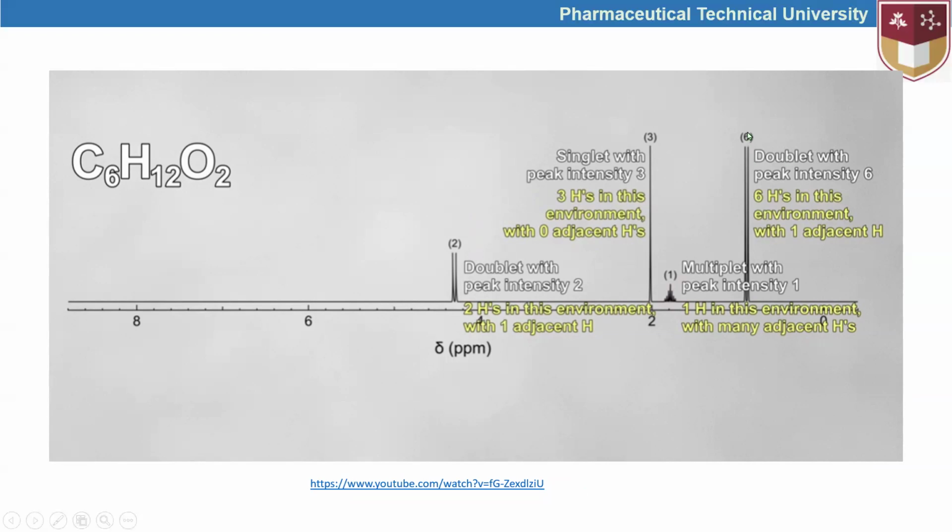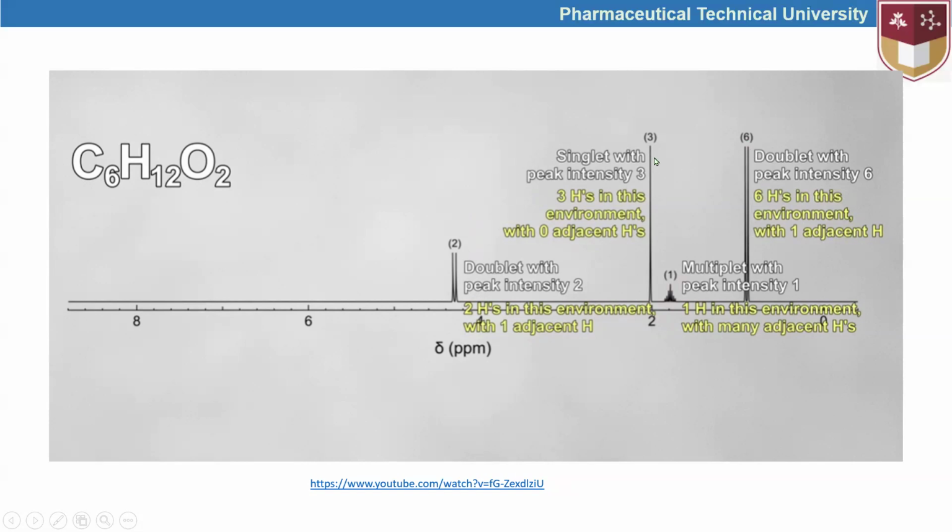Okay, this one, 6, it has doublet signal with peak intensity 6, which means it has 6 hydrogens in this environment with one adjacent hydrogen, because it is doublet.